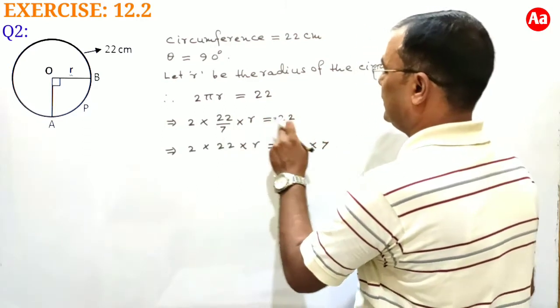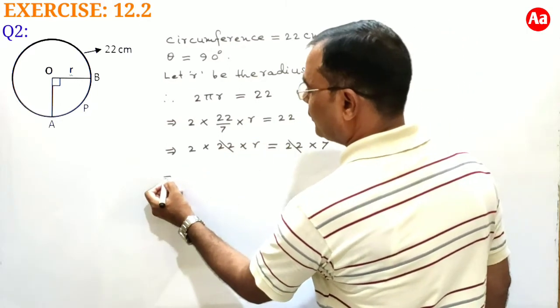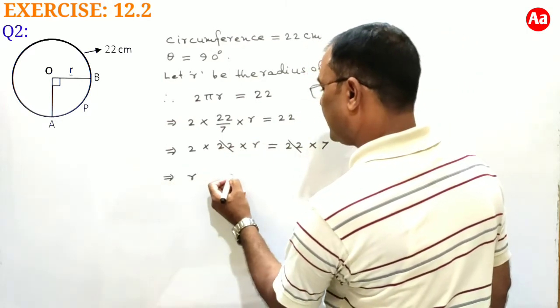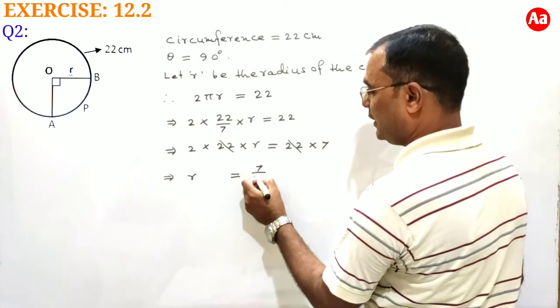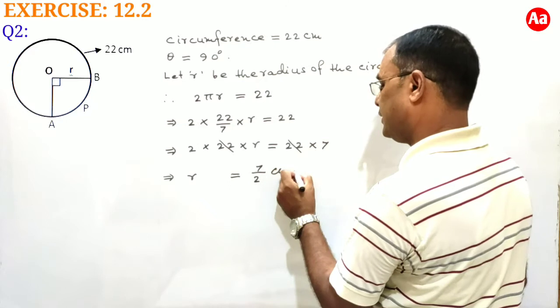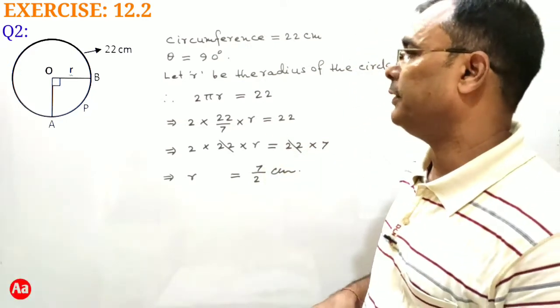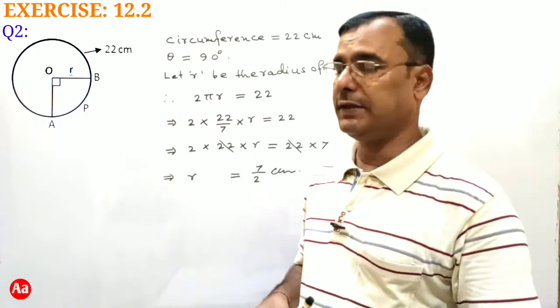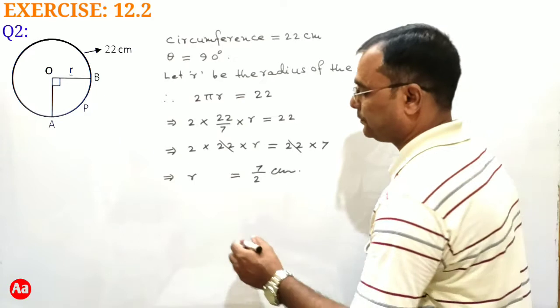This 7 is cross multiplied, so 22 cancelled from both sides, so r is equal to 7 divided by 2. So 7 by 2 centimeter is radius of the circle, and we have to find area of quadrant of the circle whose radius we have got 7 by 2.